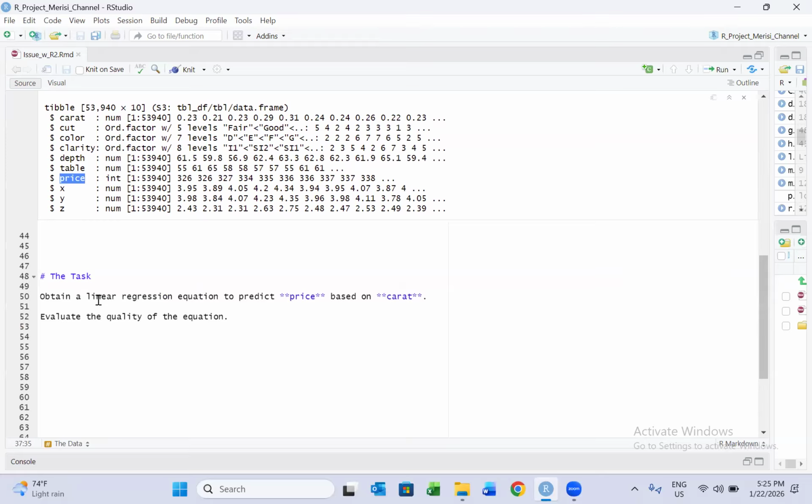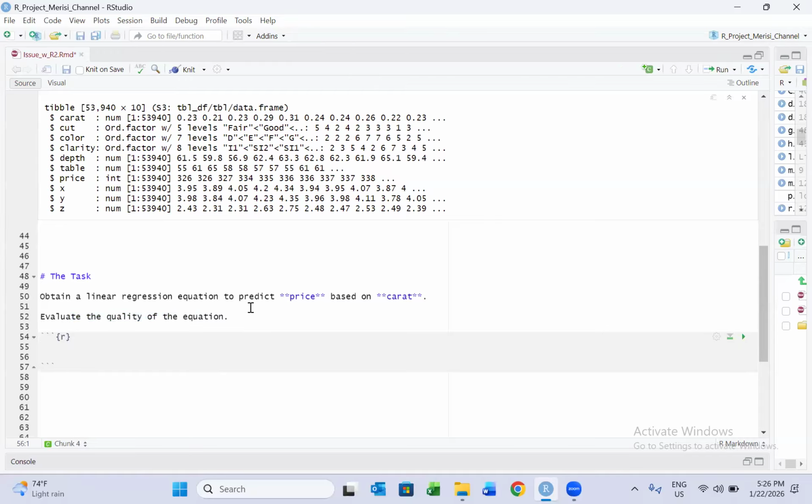I want to obtain a linear regression equation to predict the price of the diamond based on the carat amount, and I want to evaluate the quality of the equation. To evaluate the quality of the equation, I will use R squared, and then I will discuss the limitations of R squared.